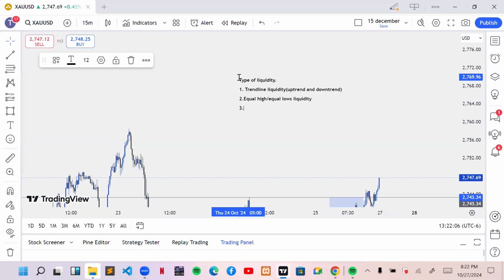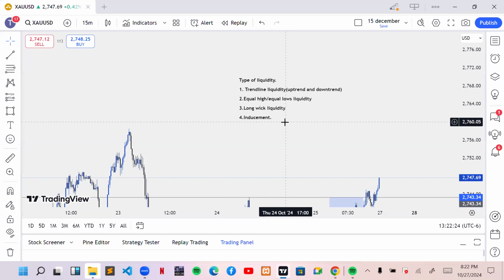There's long liquidity. And also there's the inducement, obviously, as you all know, it's also liquidity. So these are the types of liquidity there is in the market.